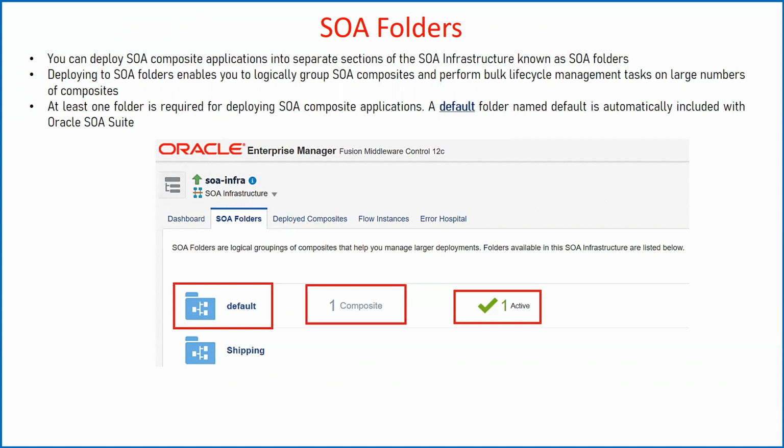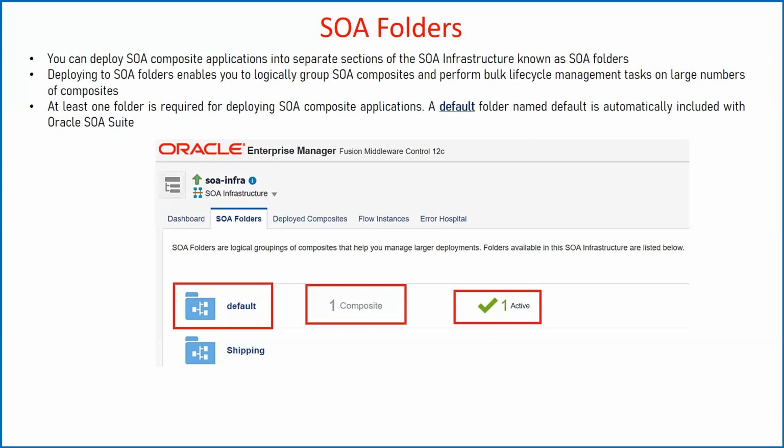For example, I have 10 applications that are related. And whenever I'm going for the deployment and redeployment, or to start or stop the composites, you can do it inside a single folder. That means you deploy all the composites inside a single folder, and then with the help of that folder, you can do all the operations all together for all of the composites. So at least one folder is required for deploying a SOA composite application.